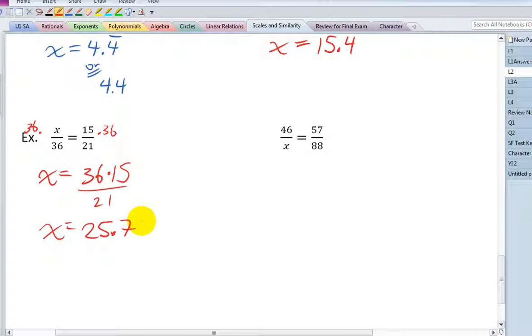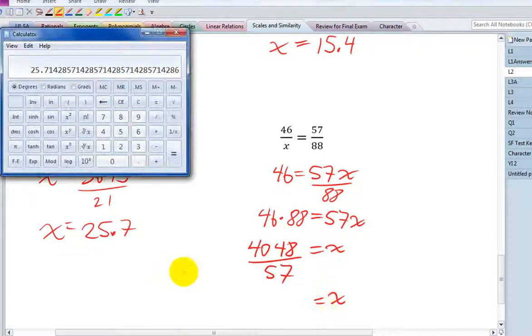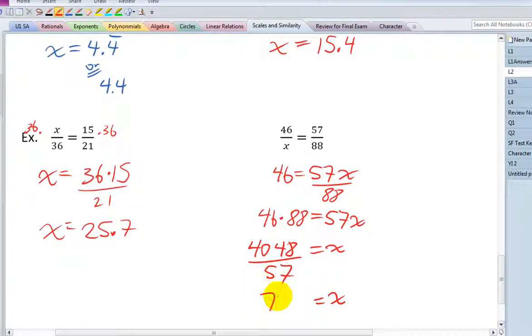All you gotta do is the opposite of divide by 36 and you're good. Good. And the last one, 71.0.